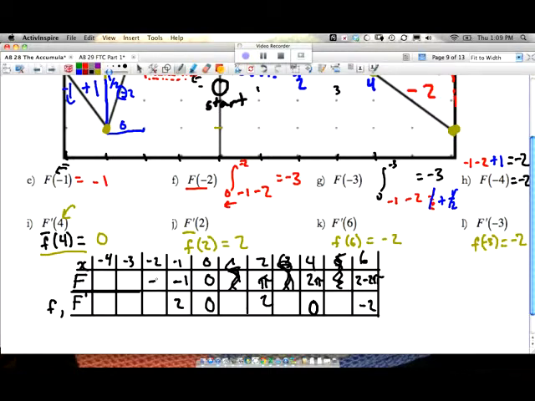Okay, and then here at -2, we had a value of -3, and we were still above the x-axis at 2. At -3, we were still at -3, but this time we were down here at -2, it looked like. And then at 4, we were at 0, and this was back at -2.